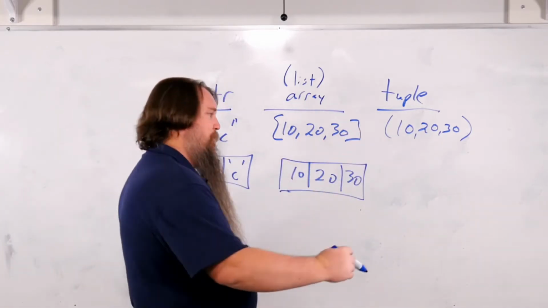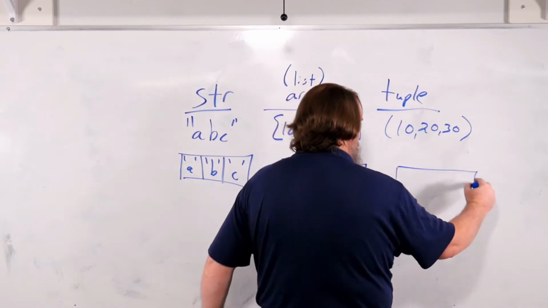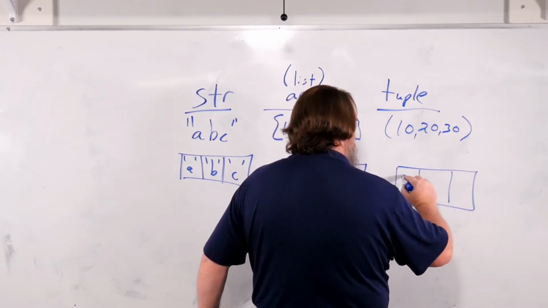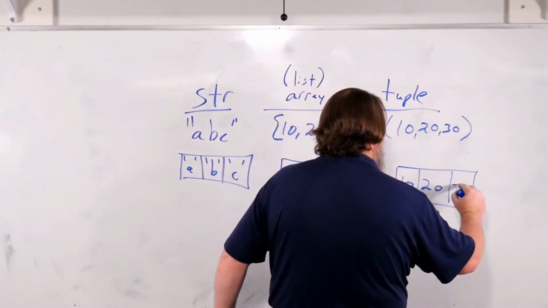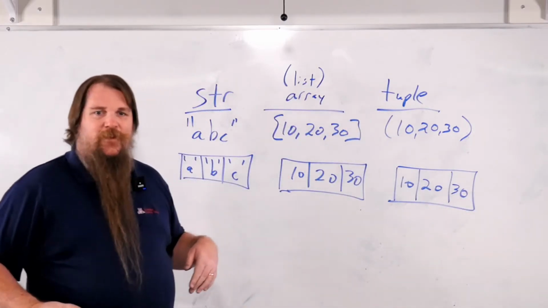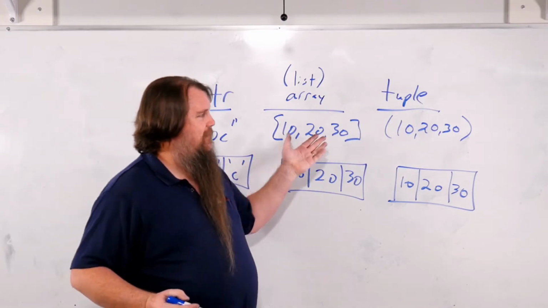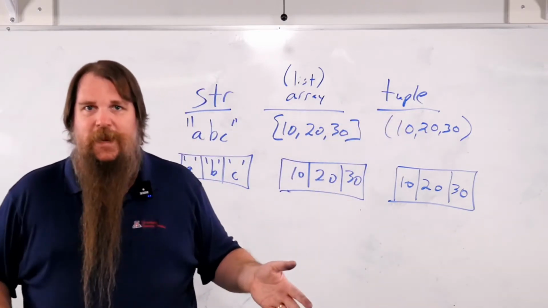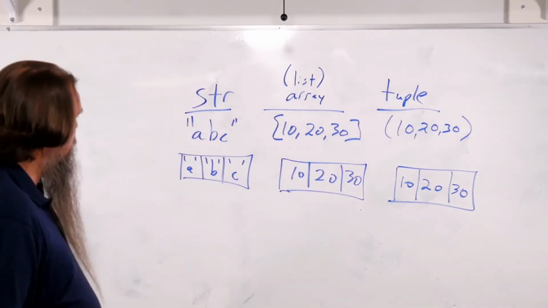This is also three boxes in a row that contain integers. Although there are some deep differences between arrays and tuples, for the most part you can just say that a tuple is the same thing as an array, except that you can't change it.